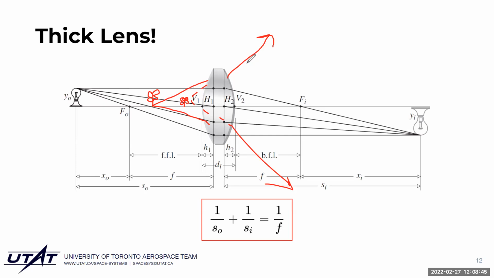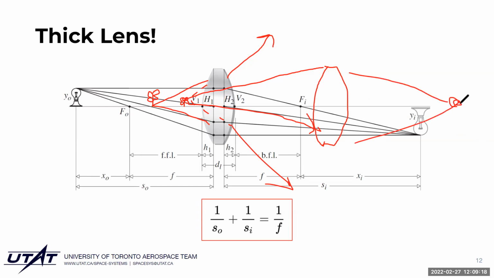So absolutely. And what else do we know? When you put lenses in series with each other, so let's say we had another one here, thin or thick, not a big deal, you can actually make this virtual image enter this system. And then given that it's outside the focal length of this lens, it'll actually form a real image out here. So very much, we do care about virtual images.